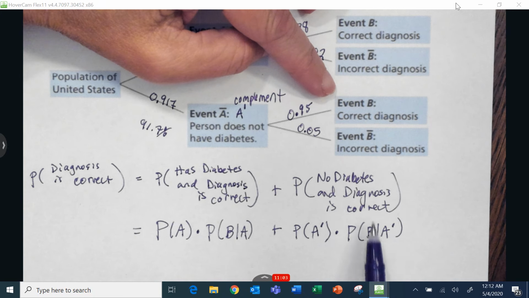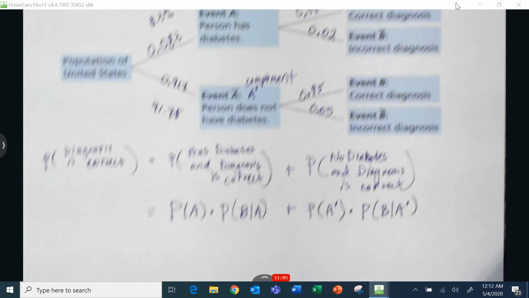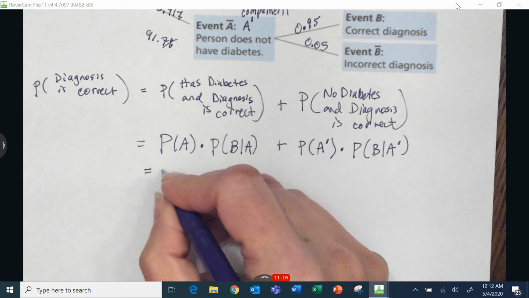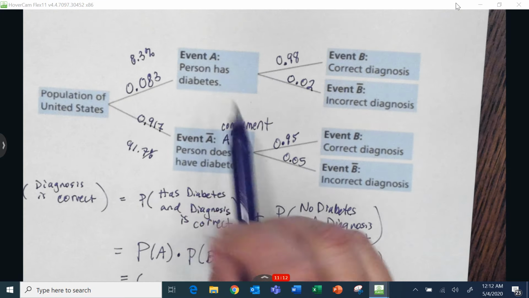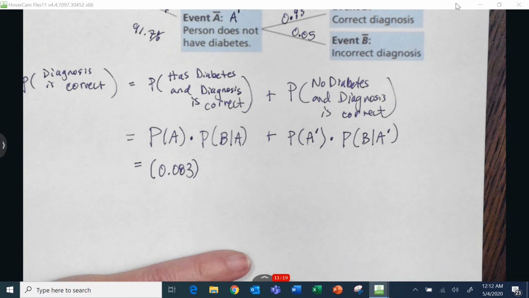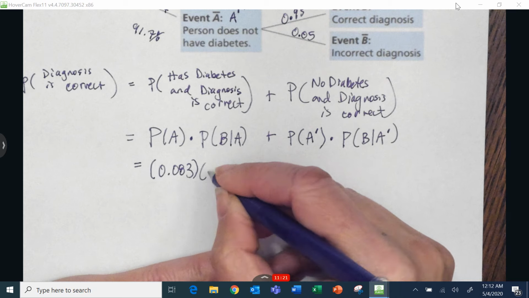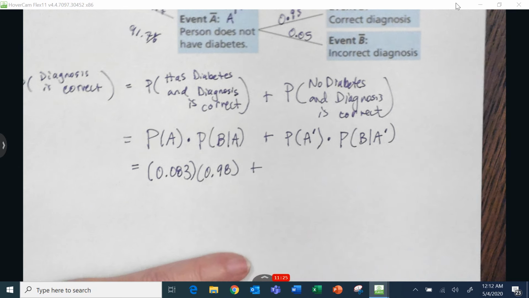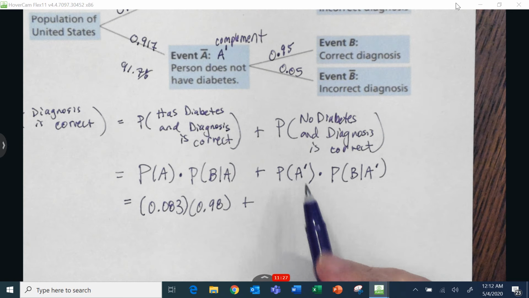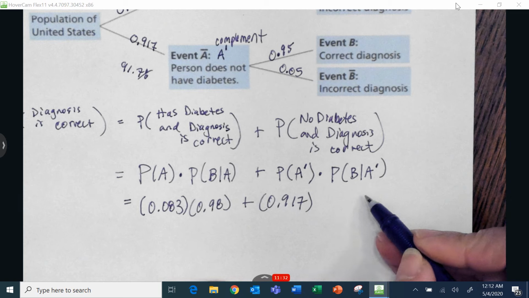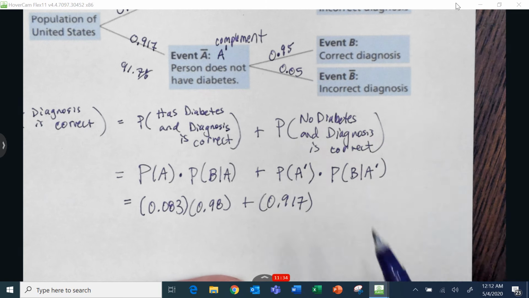So the probability of event A from up here is 0.083, and we're going to multiply that by 98% accuracy. And then the probability of the complement of A, which is 0.917, we're going to multiply by the 95% accuracy.